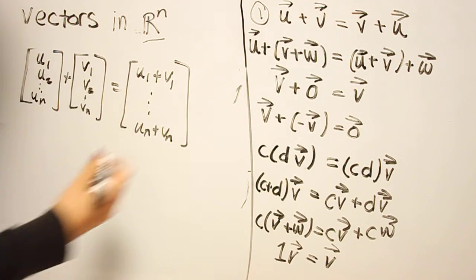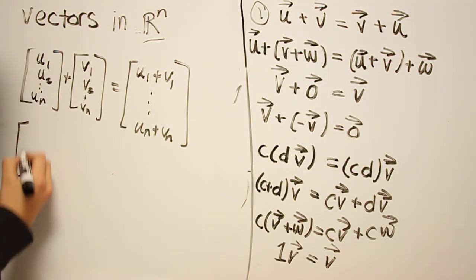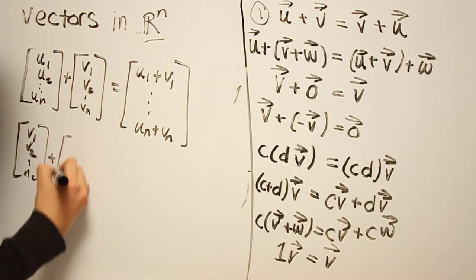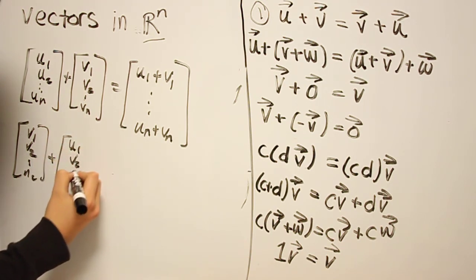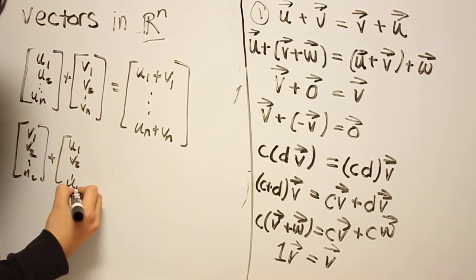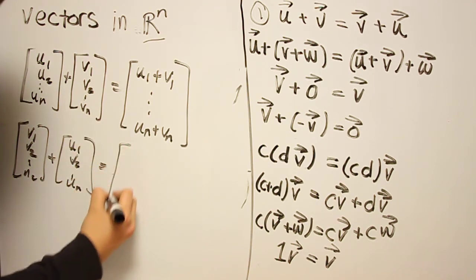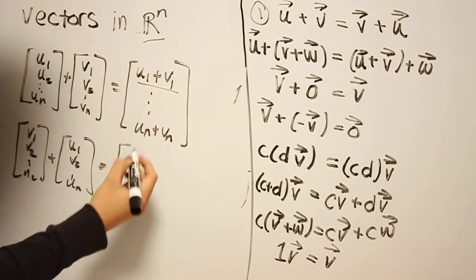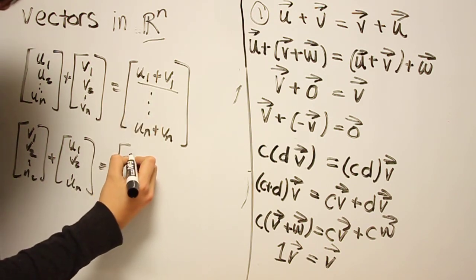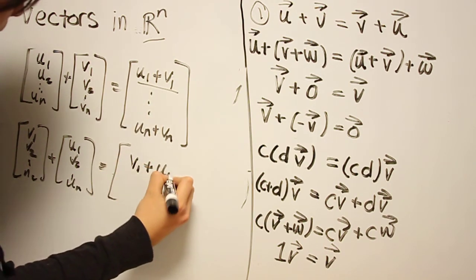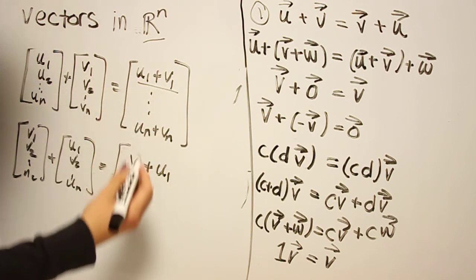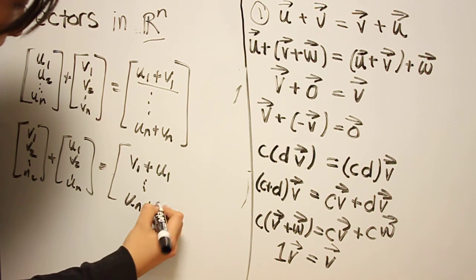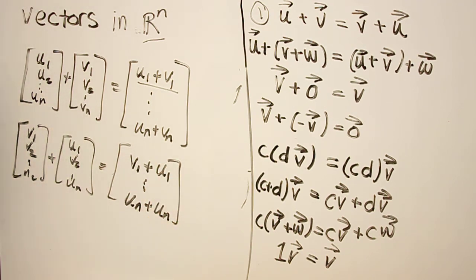And then on the other side, if we were to just switch them, you can already see what it's going to be. Fortunately, v's and u's look kind of similar, but we can match up their components and see that v1 plus u1 is equal to u1 plus v1. Alright, so you can go through them.